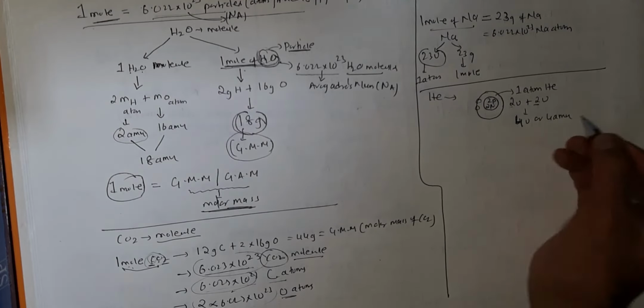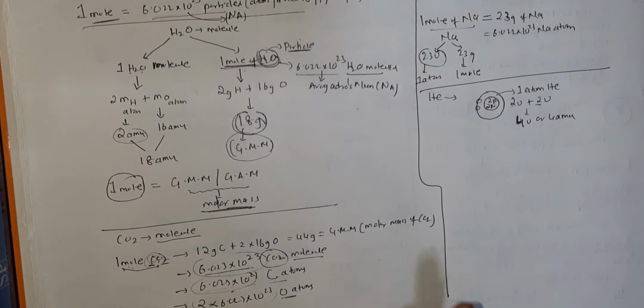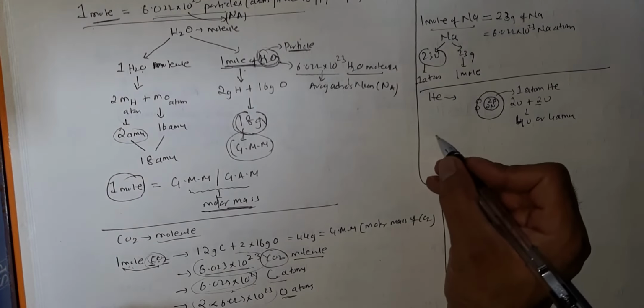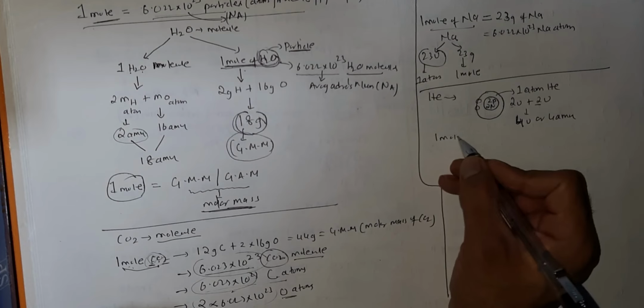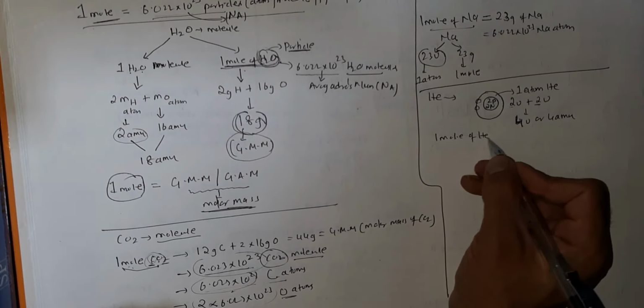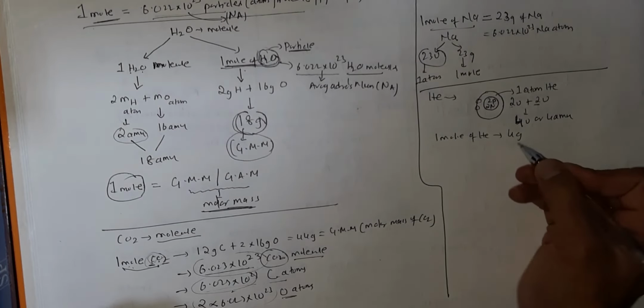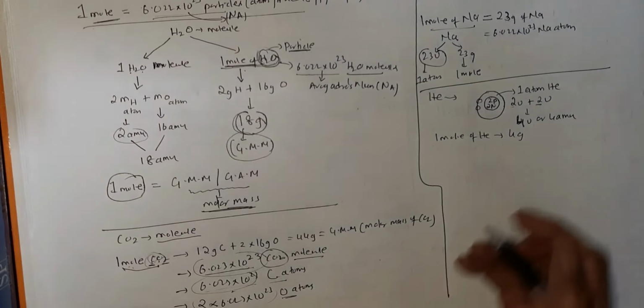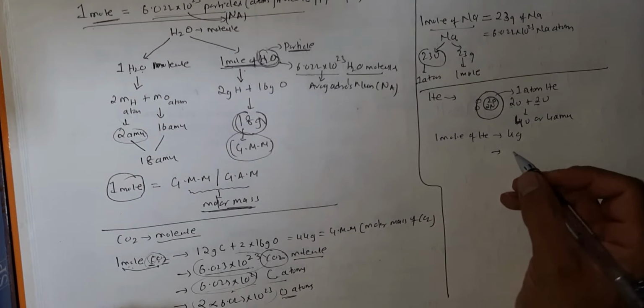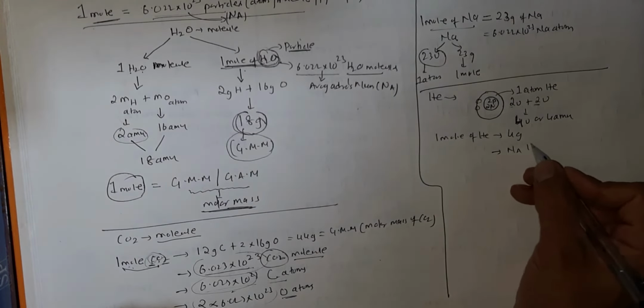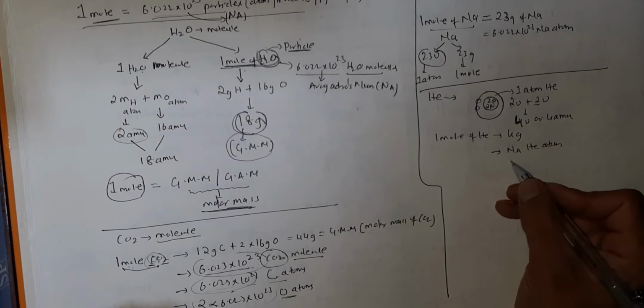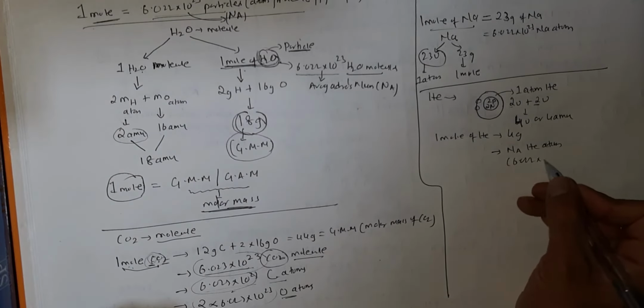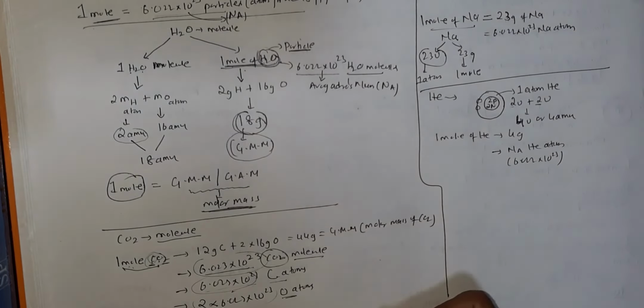It's one and the same thing. If I ask what is the mass of 1 mole of helium, you will directly write down, sir, 4 gram. And 1 mole of helium consists of how many helium atoms? Sir, Avogadro number, that is 6.022 into 10 raised to 23 helium atoms.